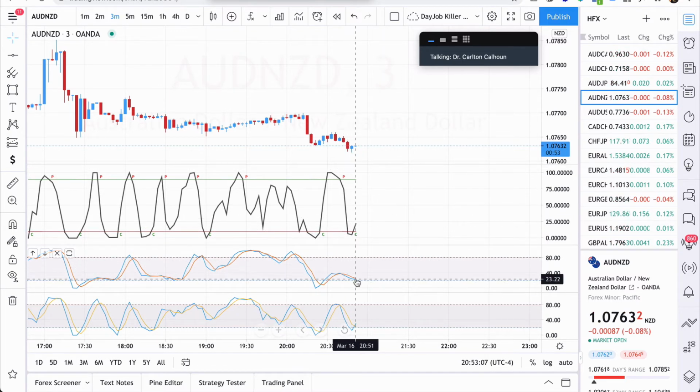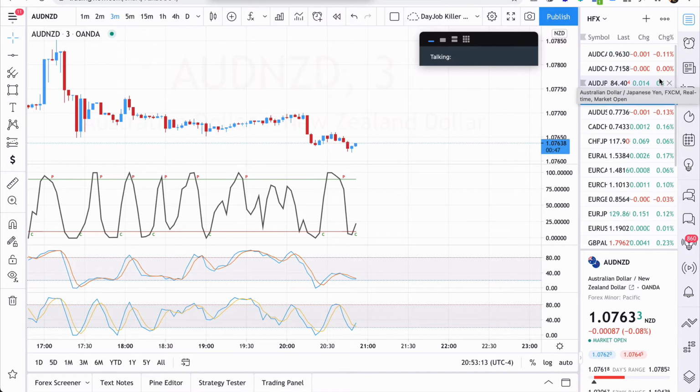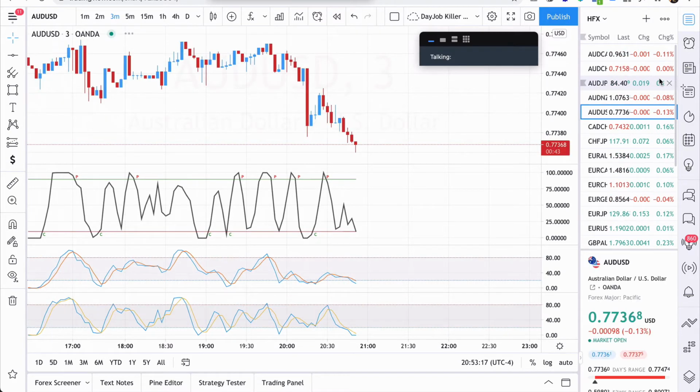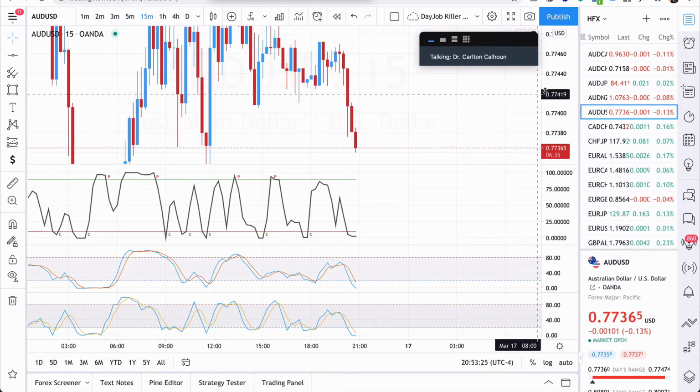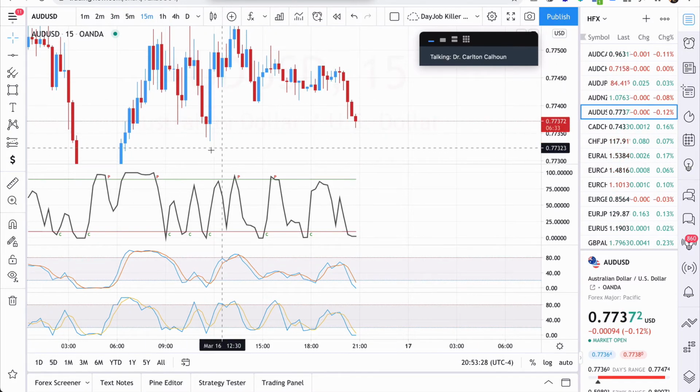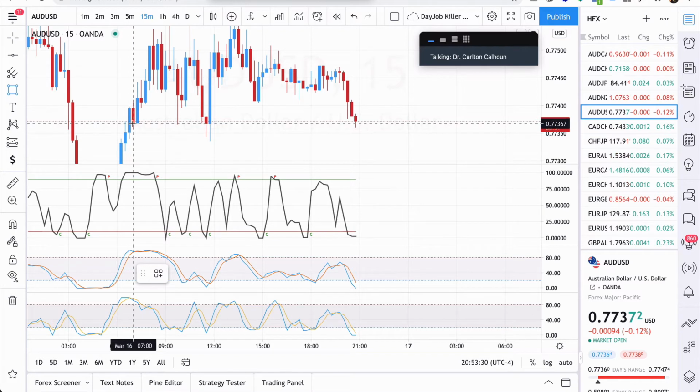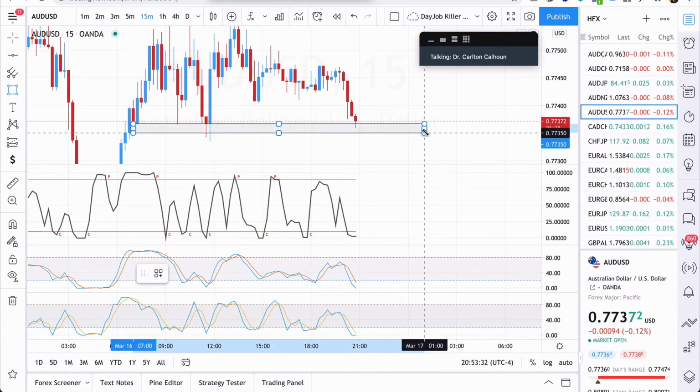This is not the ideal setup, but I would have taken it because it's a morning star. So any of the AUDs you can look at for potential calls. Let's see how we're looking on the 15. Yep, we're getting reaction around this level, which was a level of support.